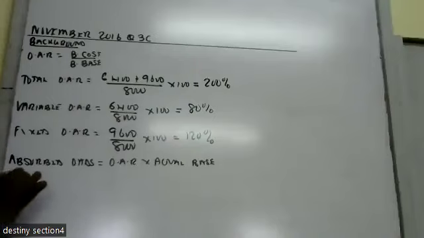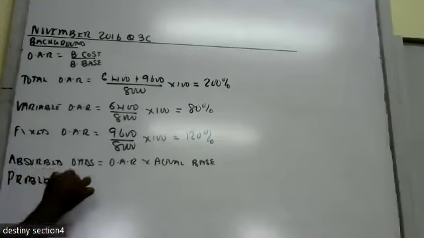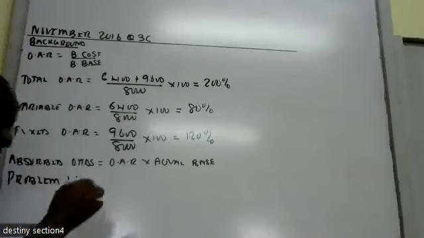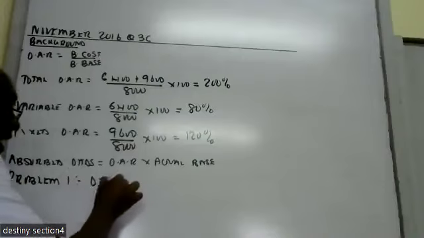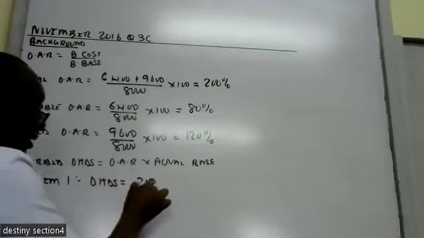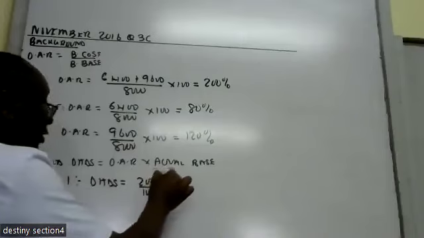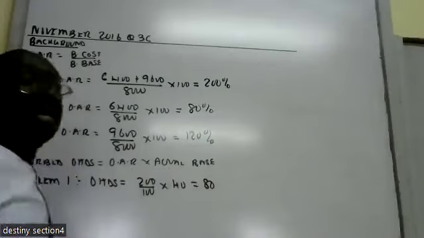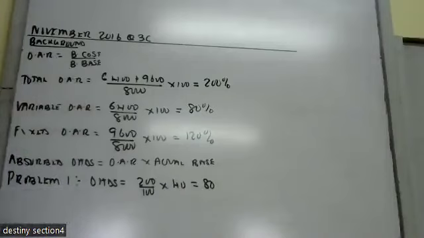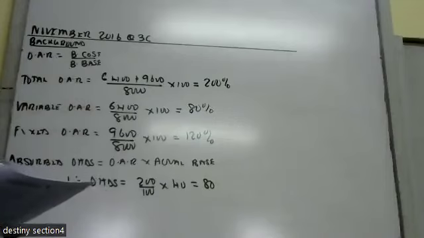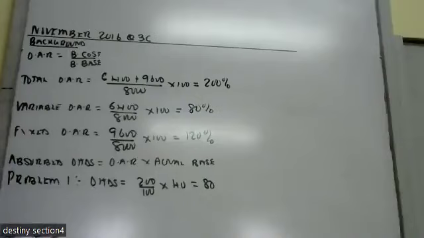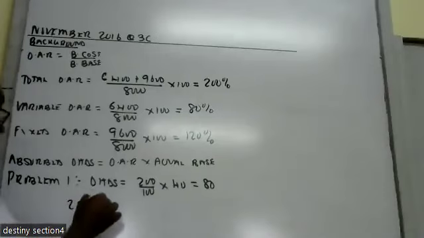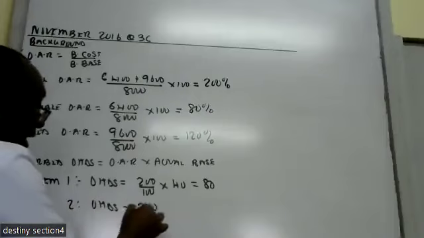Ukiangalia hii wanaita problem 1. The overheads have been arrived at as 200% times the labor. Labor is 40. That is how the 80 shillings has been arrived at. Naweza ongeza hii problem 2, the overheads it is 200%.